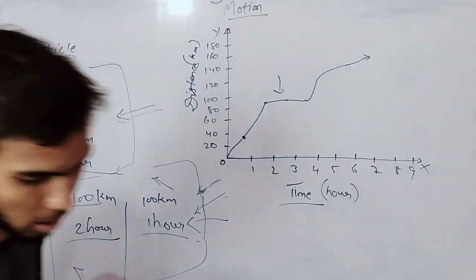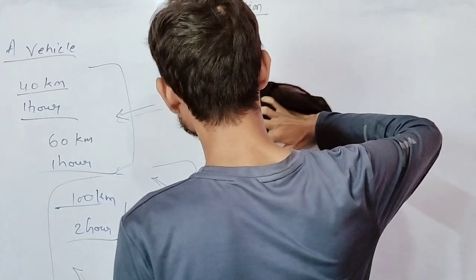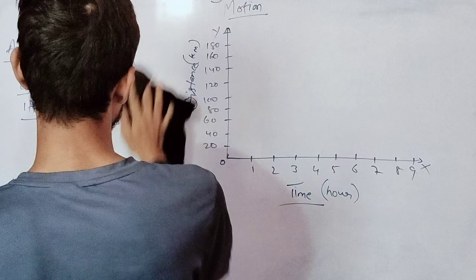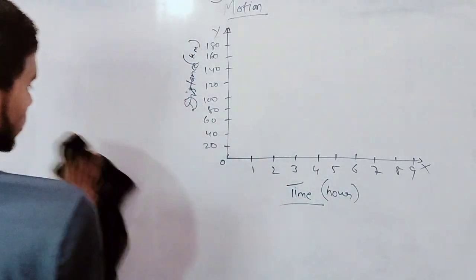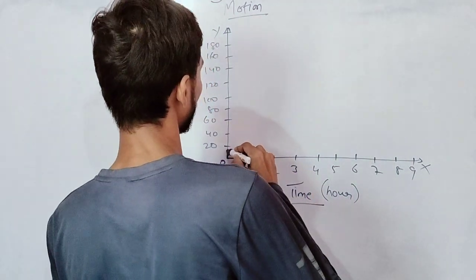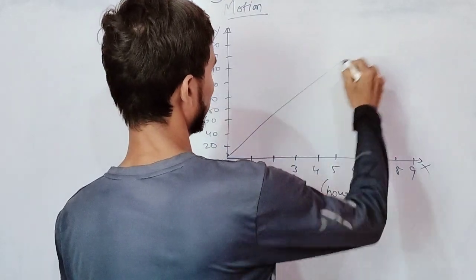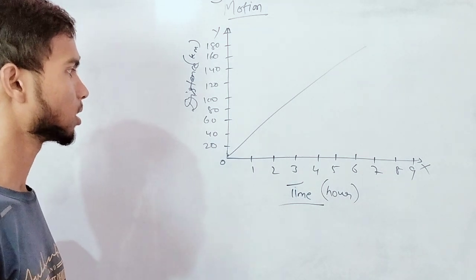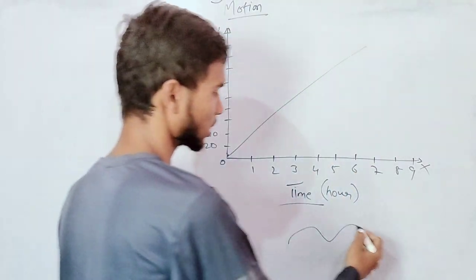Now next, something else. For example, you have been given this type of slope. What is a slope? This is a slope. Okay, a curved slope, like that.